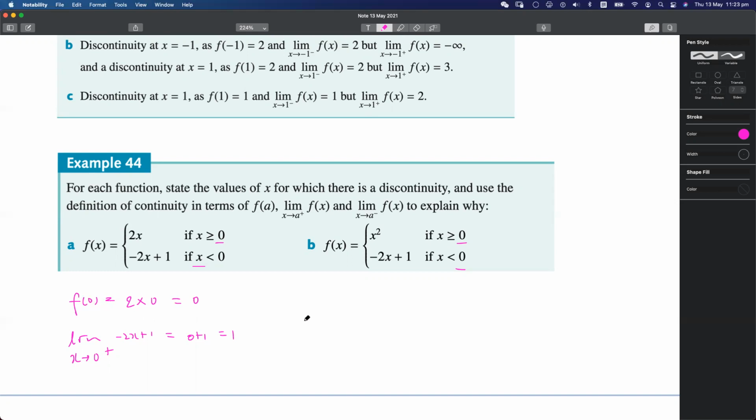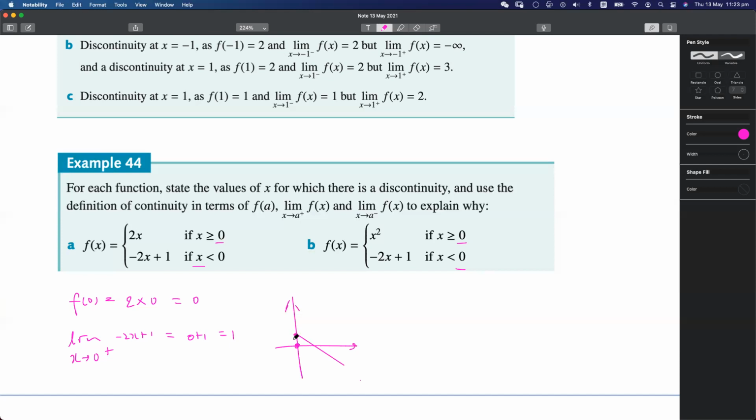Which means if you draw the diagram, it's at 0, but if you're approaching from the right, you are going to end up with 1.